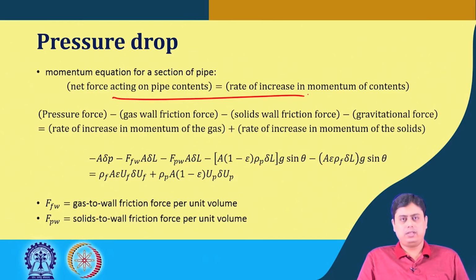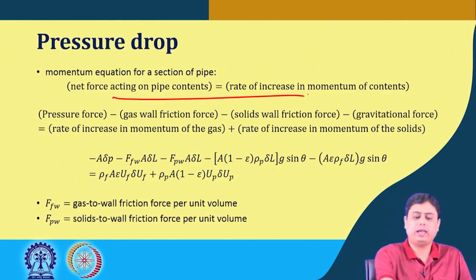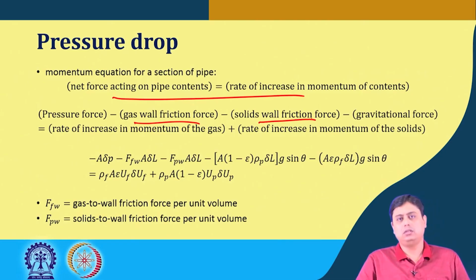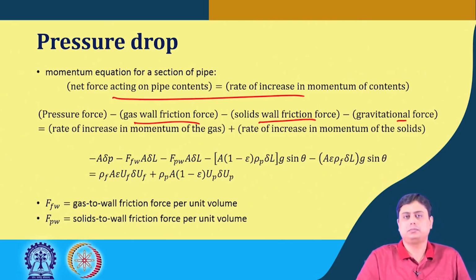Now, the net force that is acting on the pipe content is the pressure drop minus the frictional forces and the gravitational forces. So, the frictional forces are the gas and wall friction force, solids and wall friction force, as well as the gravitational force.